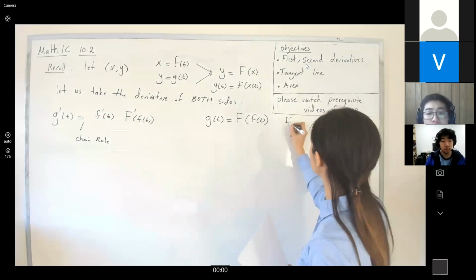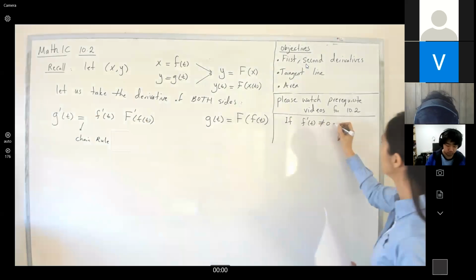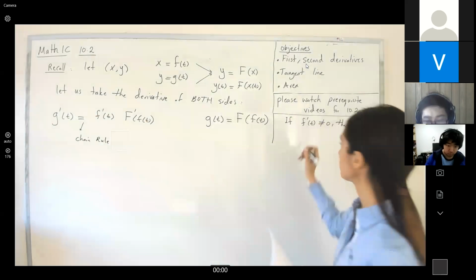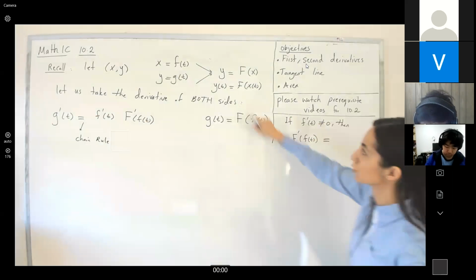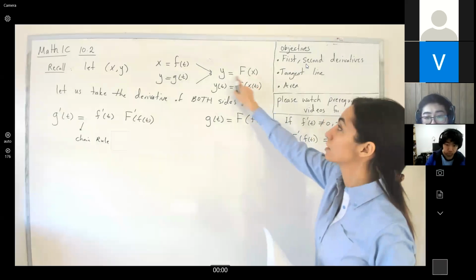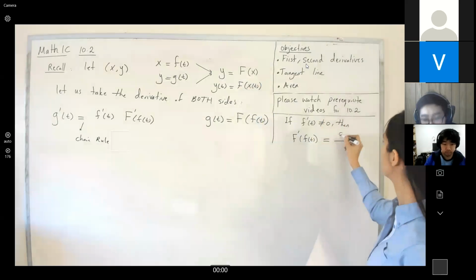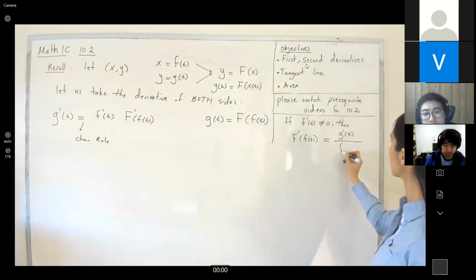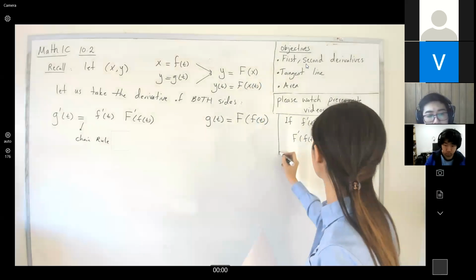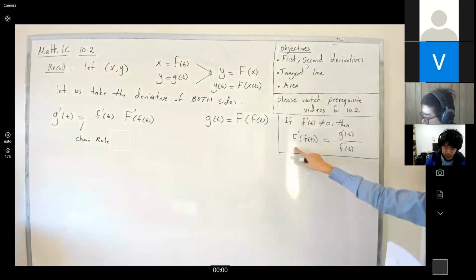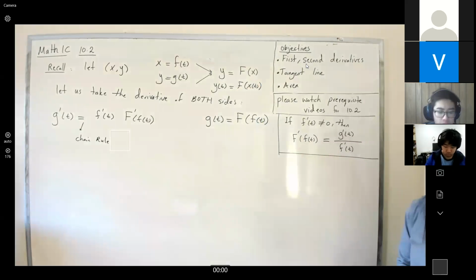If x prime of t is not 0, then f prime of x, so the derivative of this function that is connecting x and y together, is equal to g prime of t over x prime of t. So the derivative of that function depends on variable t.